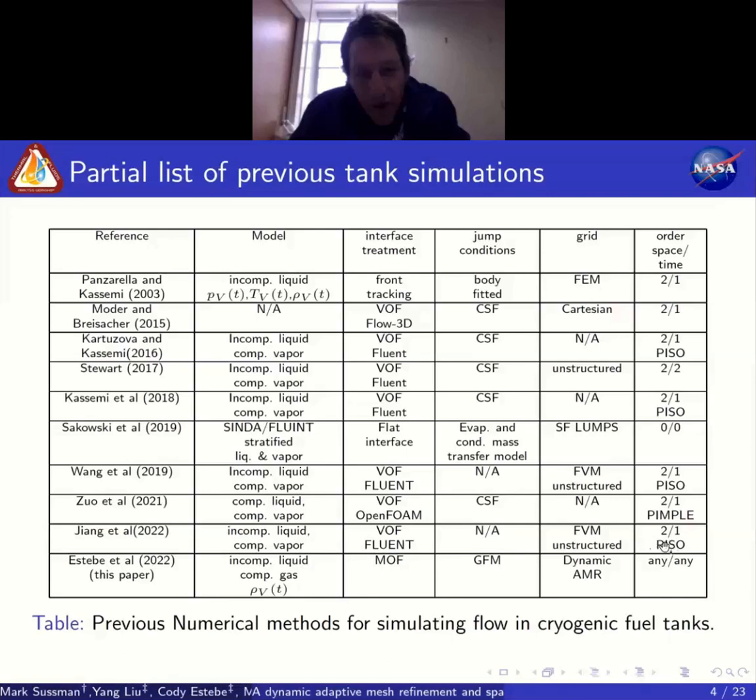The way they do that is the PISO method, pressure implicit splitting of operators. This method enables one to take large time steps in the gas.